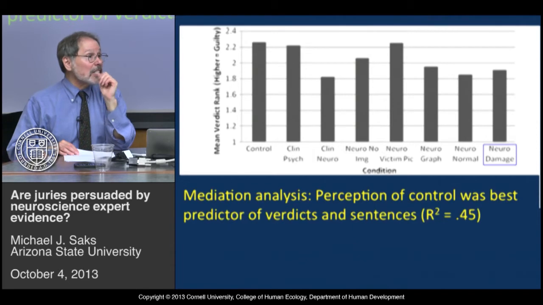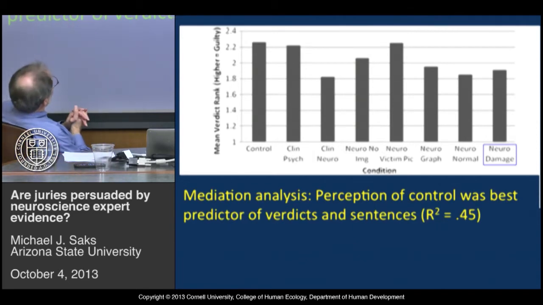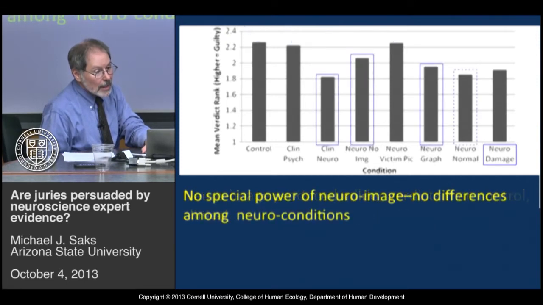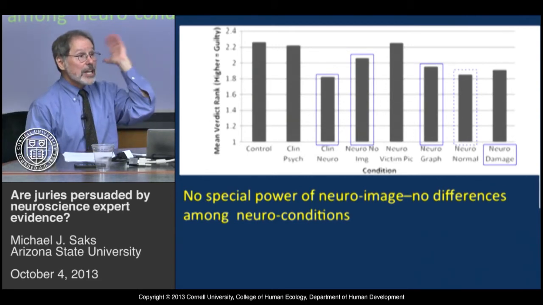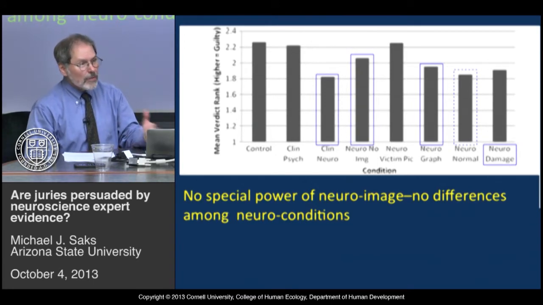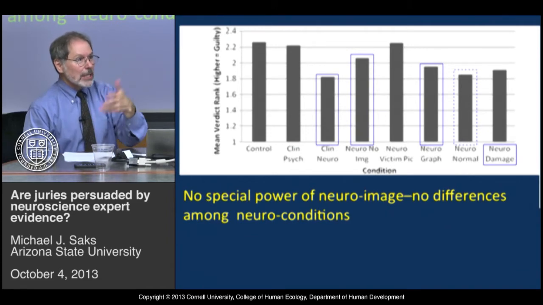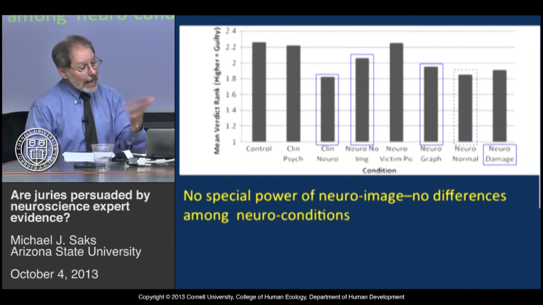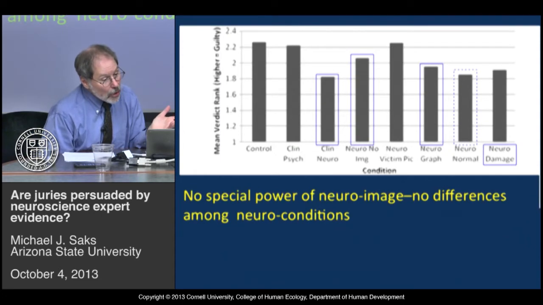With the neurograph, they're hearing the verbal explanation, they're seeing a bar graph that reflects what was supposedly in the brain, and that's no different from the brain image, and it's not different from the neuro, although the bar is higher, they're not statistically different.